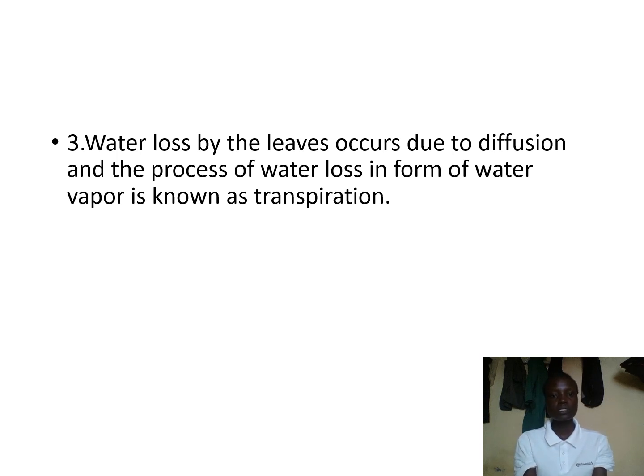Another example is the loss of water by leaves, which occurs through diffusion. The process of water loss in the form of water vapor is known as transpiration. Transpiration is the process by which plants lose water.